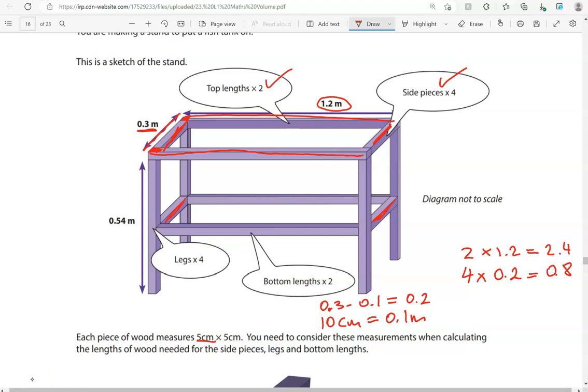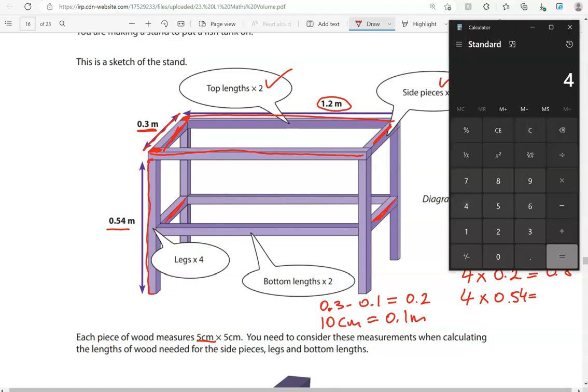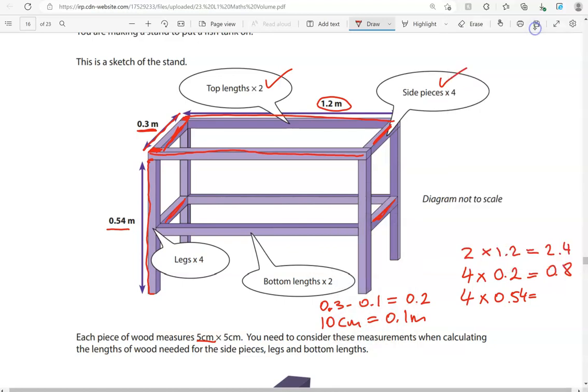We now have the legs, and we're told that from this point to this point, which is the whole leg, that is 0.54 meters. And we have 4 legs. So that's going to be 4 times 0.54, which is 2.16.